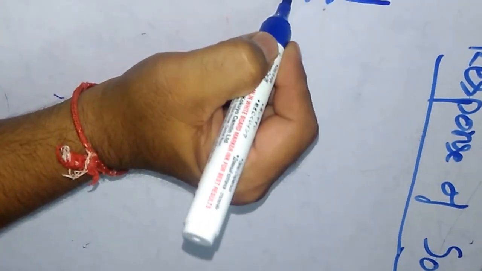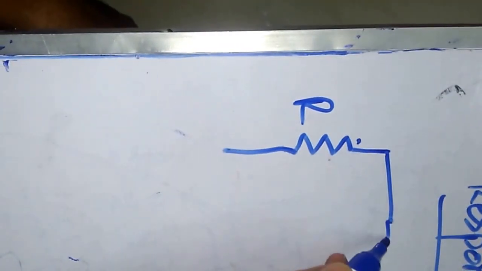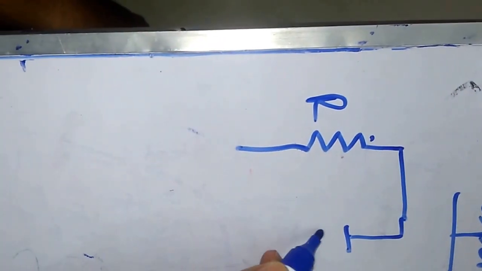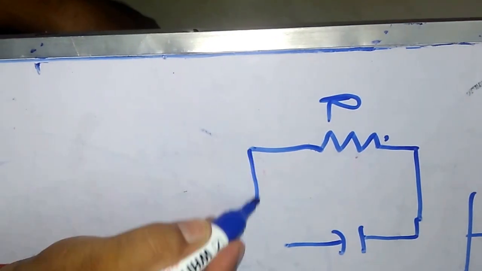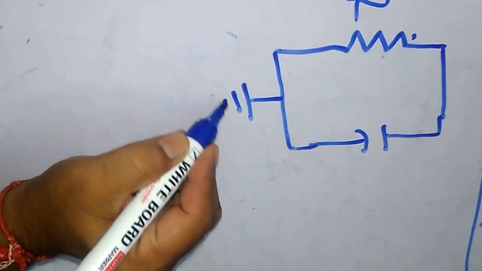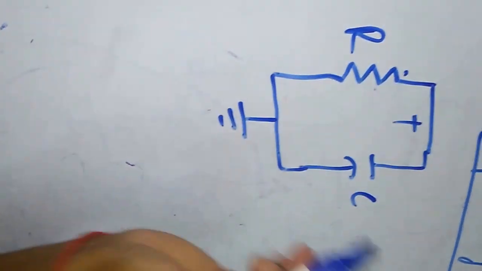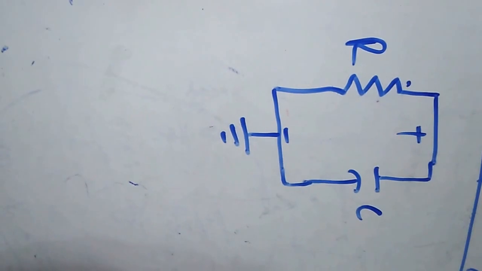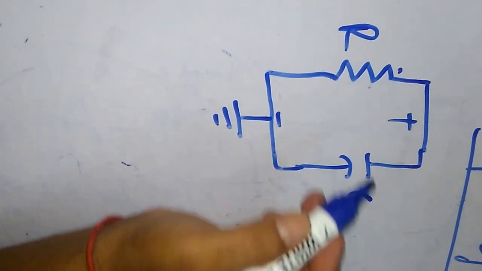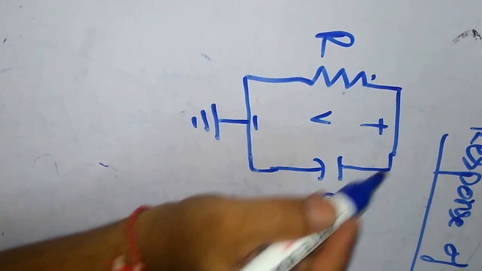So we are considering a resistor. Let the value of the resistor be R, and you consider a capacitor C, and you assume it is grounded. The voltage across the resistor or capacitor, we can denote it as V, or in general V of t.